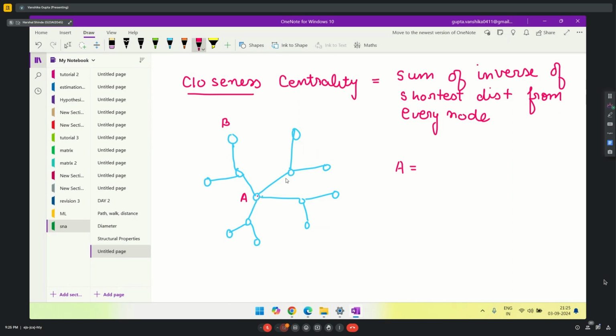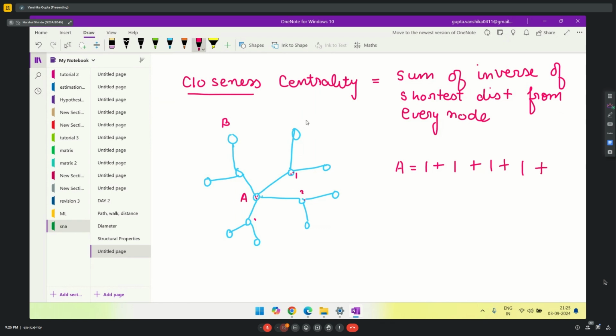I have to start from A. Let's say this is my first node where I need to reach, this is my second node, this is my third node, and so on. From A to this first node the distance is 1, plus from A to the second node, again 1, A to the third node, 1, A to the fourth node, 1.